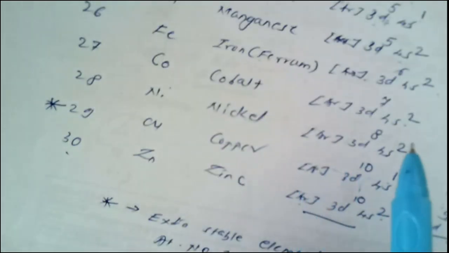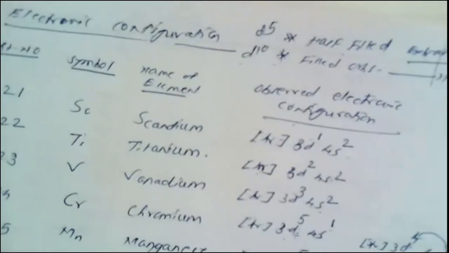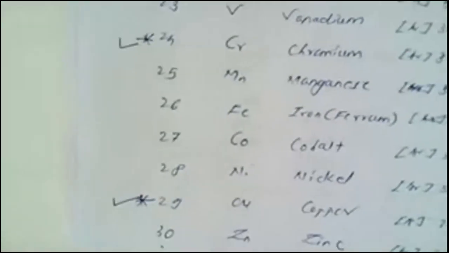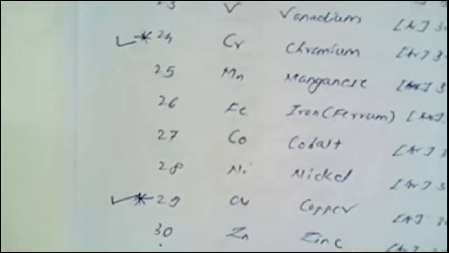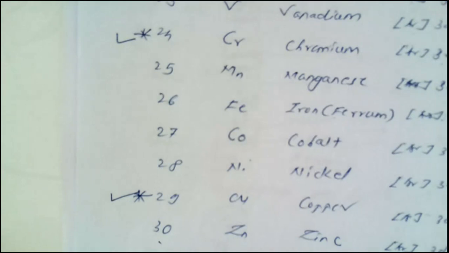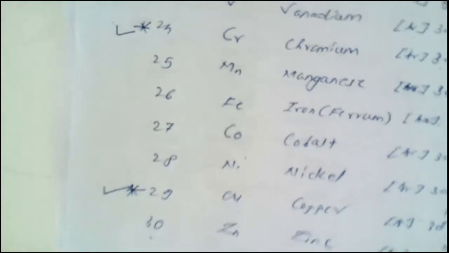They offer extra stability associated with half filled orbitals. So this is the first point that we have covered in this aspect, that is the electronic configuration. While writing the electronic configuration, much more stress is to be given on these two points, that is extra stability associated with completely half filled and completely filled electronic subshell which offer extra stability.